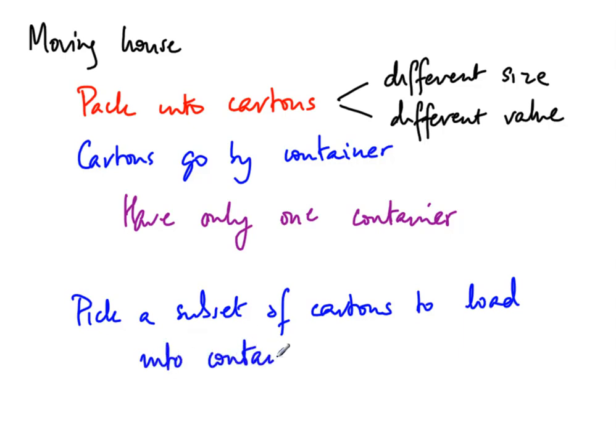So this is the problem, to pick a subset. And what is the objective function? You want to maximize the value. You don't want to leave too many things behind. And if you judge things based on some notion of value, you would like to pick a subset of cartons to load into the container such that they fit, of course, and you maximize the value. So this is one possible version of an optimization problem.